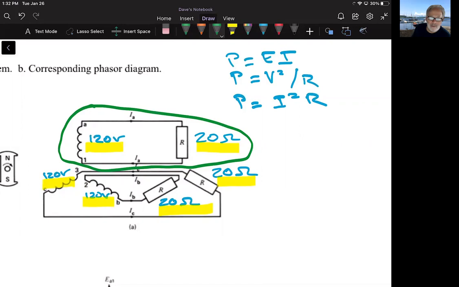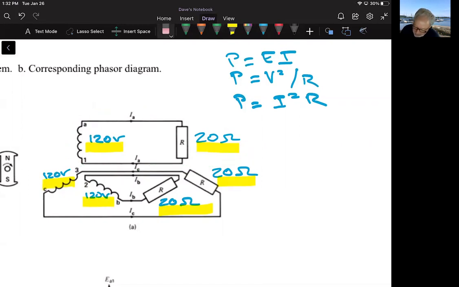I got 120 volts and I got a connection to a 20 ohm resistor, and I want to understand the power that's dissipated by that resistor. Well, I have three power formulas that I could use, and the simplest one to use would be the one that I don't have to do any calculations on, because I'm given the voltage and I'm given the resistance.